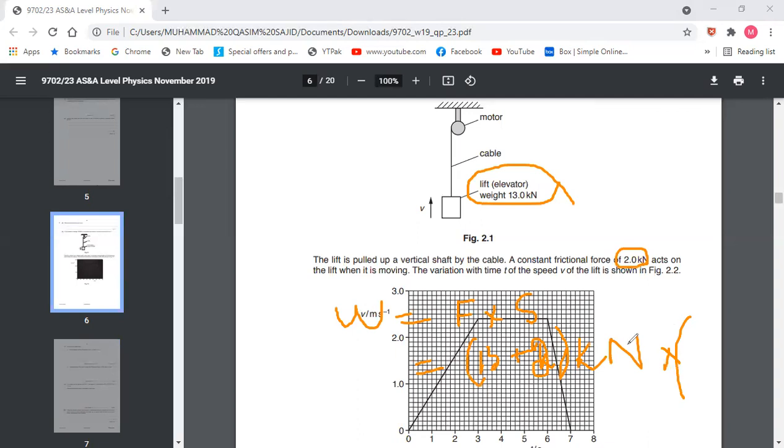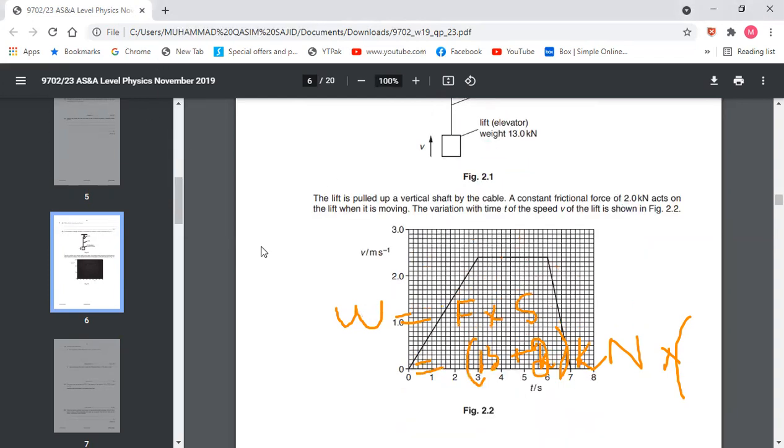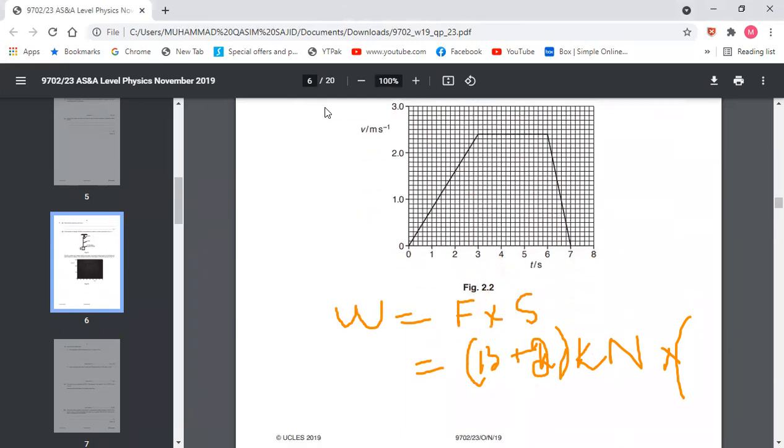The distance s is given by the graph. Now how to find the value from the graph? The range is from 3 to 6, from here to here. The distance covered is this point to this point.